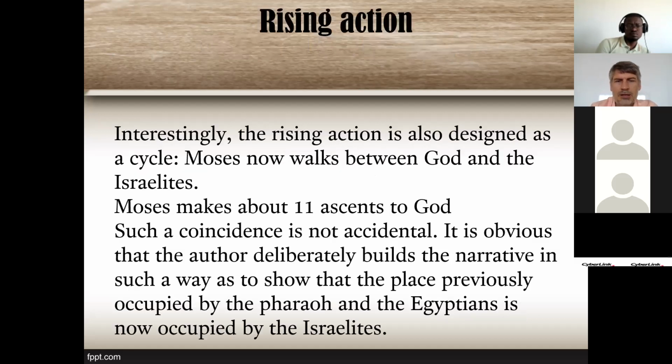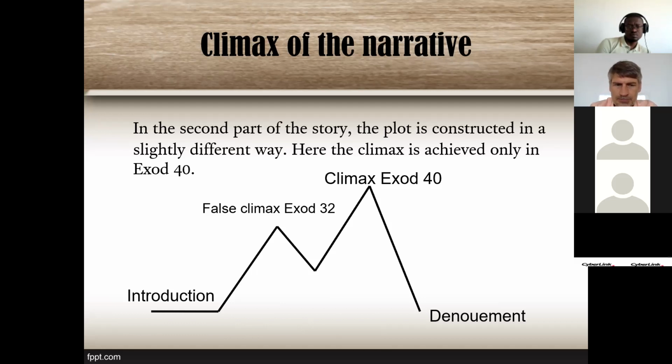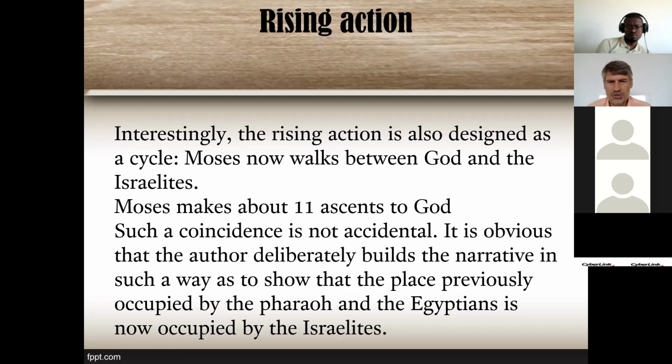But here, there is one very interesting detail that we need to discuss. This rising action is presented again as a cycle, and Moses again goes back and forth. But if in the first part of the story he was going back and forth between Pharaoh and God, now he is doing the same movement between God and his people.